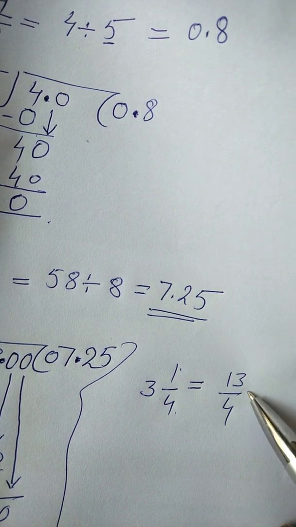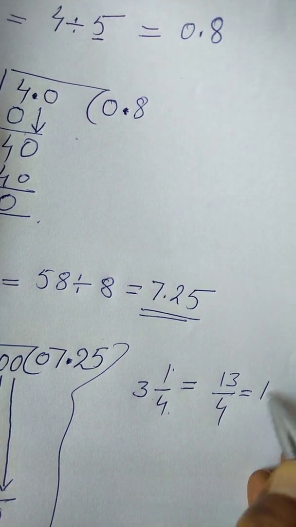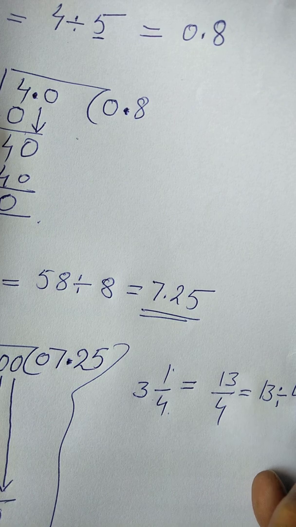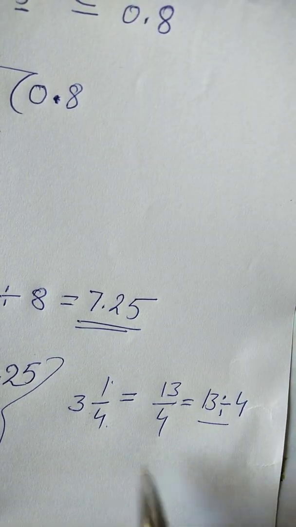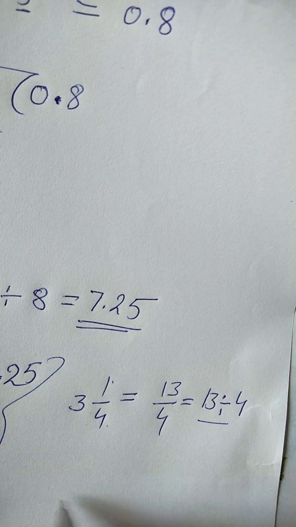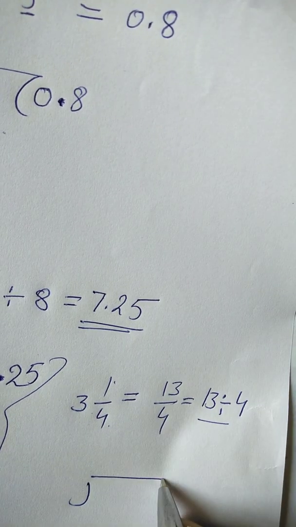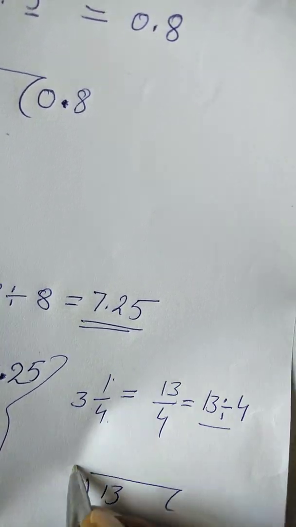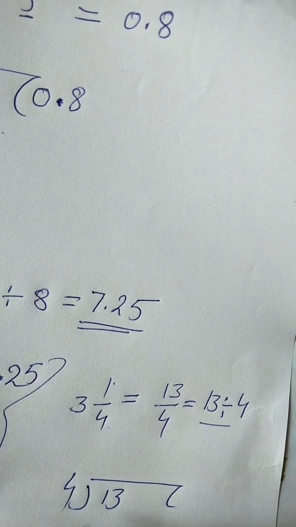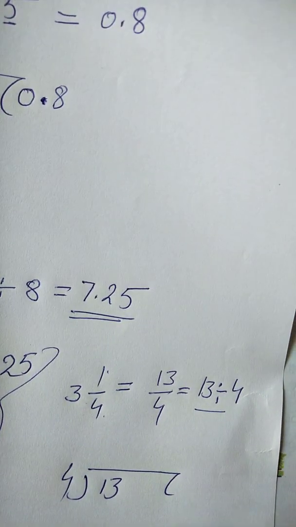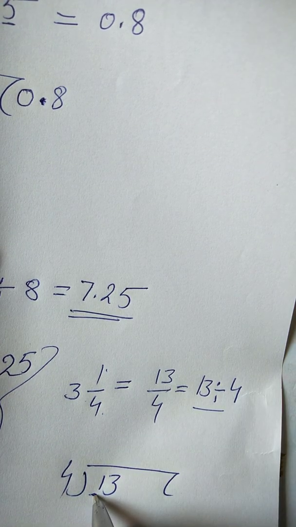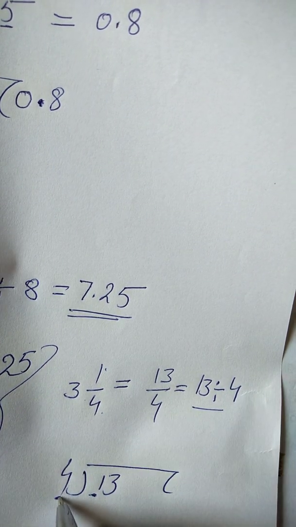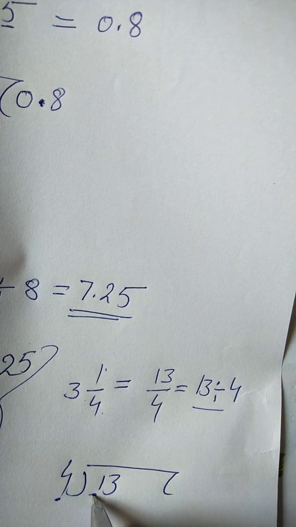Now it is the same question as we have done earlier. Now it's a fraction number. So what's the meaning of this? 13 divided by 4. 13 is the dividend, 4 is the divisor. Because we have one digit in the divisor, you will take one digit from the dividend.